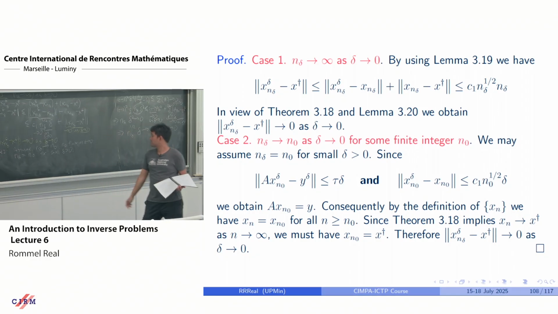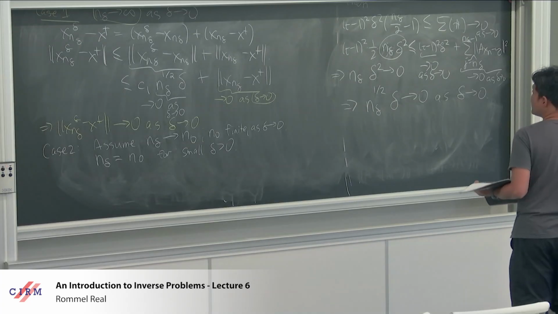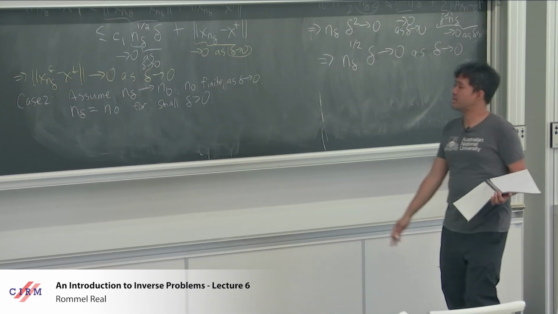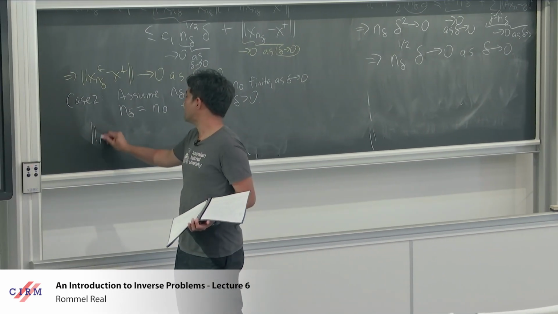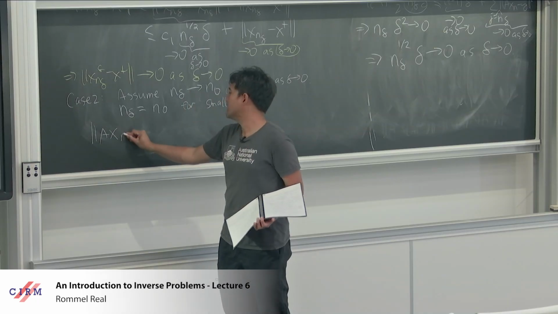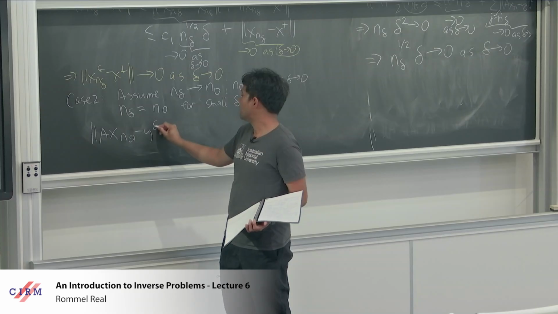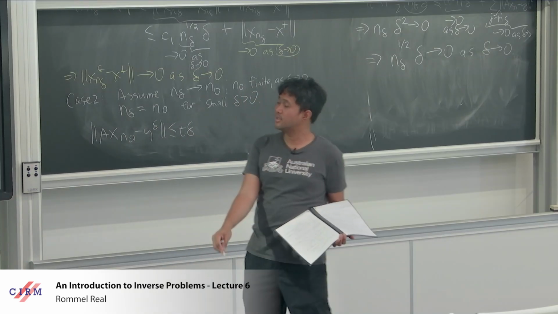Now that means, by the discrepancy principle, using n sub delta equals n sub O, that the norm of A x sub n O minus y delta is less than or equal to tau delta.